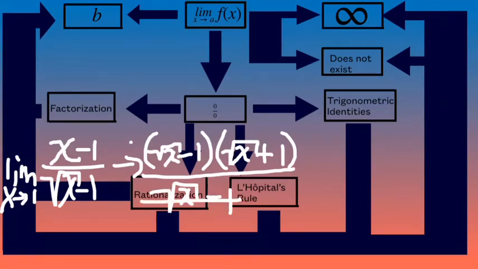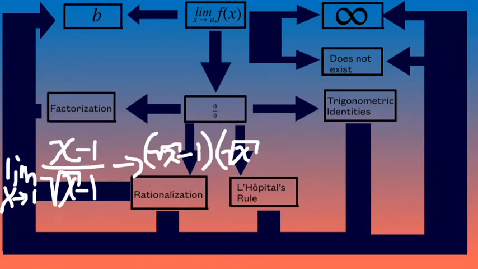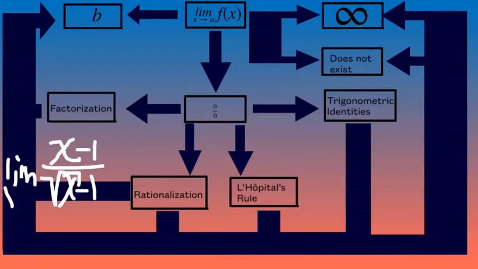Now if we cancel these out, we get the square root of x plus 1, which was our answer that we got before. We won't discuss L'Hopital's rule quite yet.